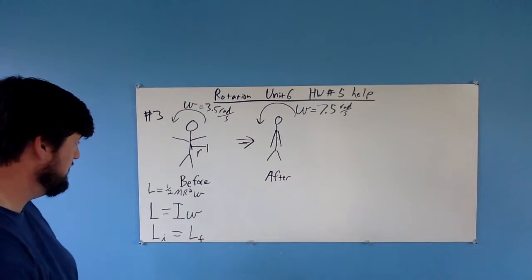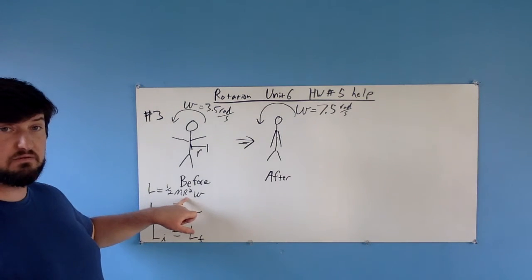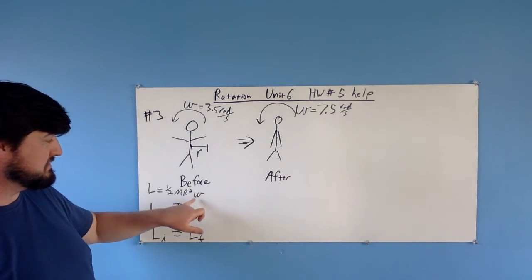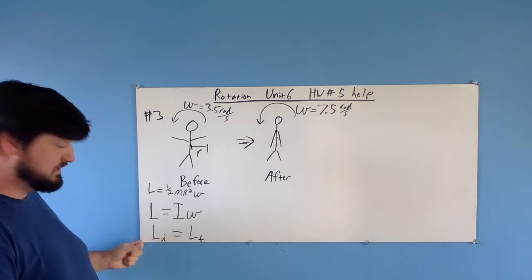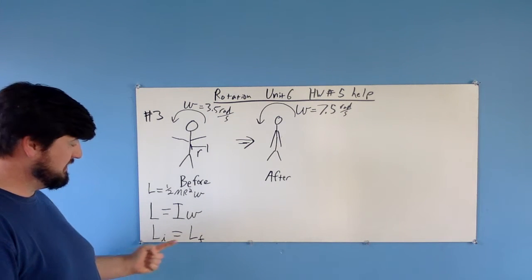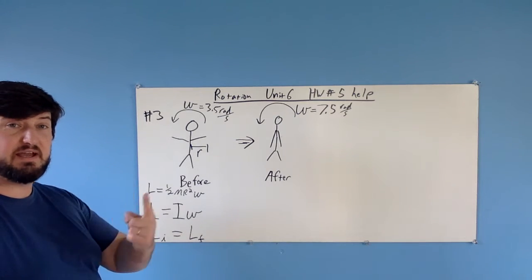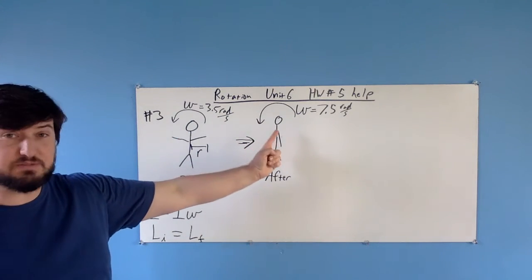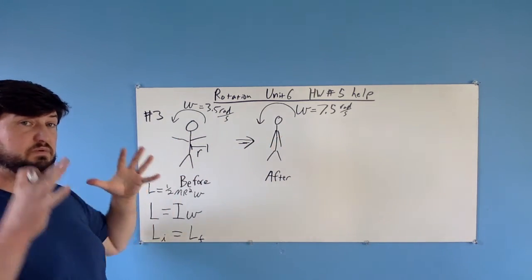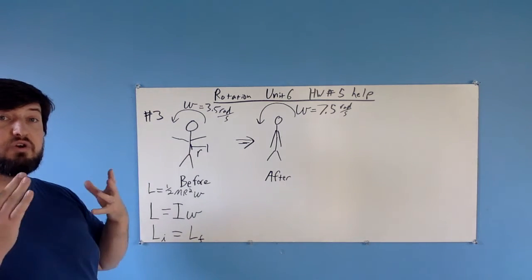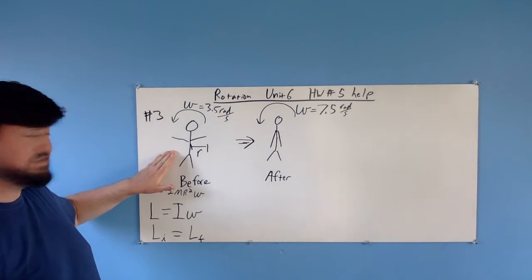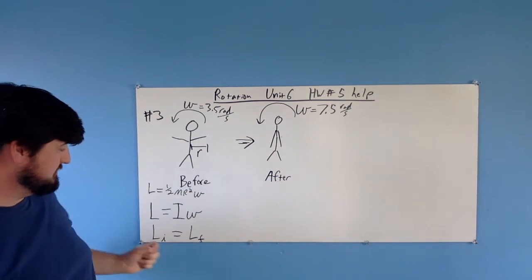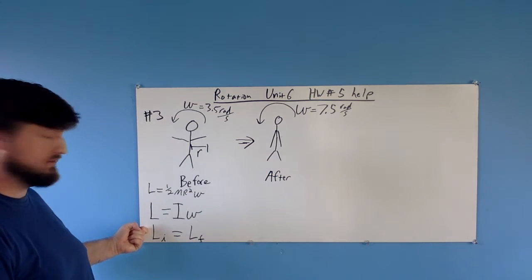So when you decrease the radius, everything else being the same, your omega has to go up because your angular momentum is conserved. Your initial and your final have to be the same because you have the same spin axis. As long as you have the same spin axis, your angular momentum is conserved. Remember that one? So we have to have the same angular momentum here as here. That's what I'm showing with this bottom formula.